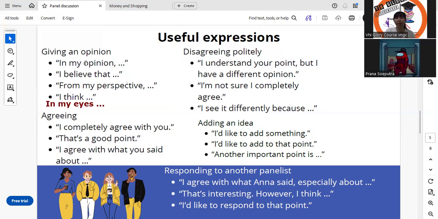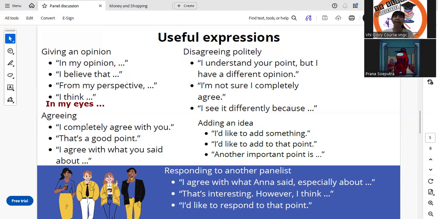When you agree with another panelist, you can say 'I completely agree with you,' because this is a formal situation, so you need to use formal or polite expressions.